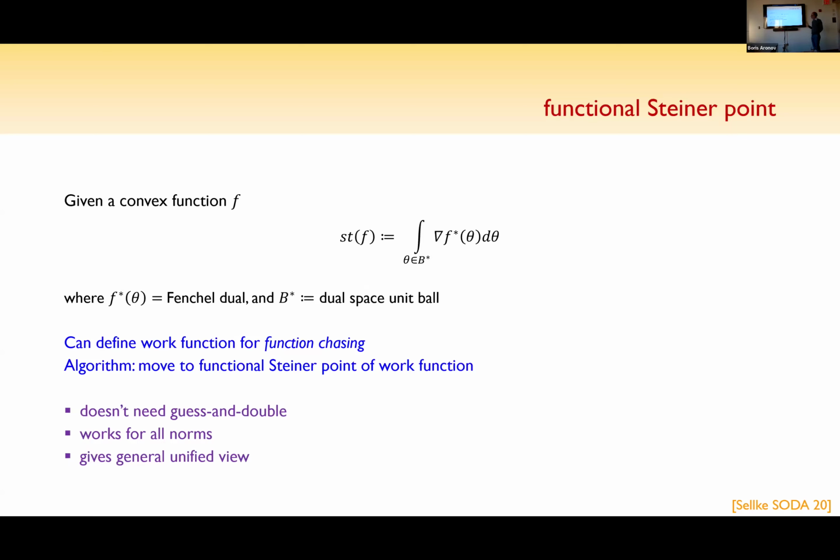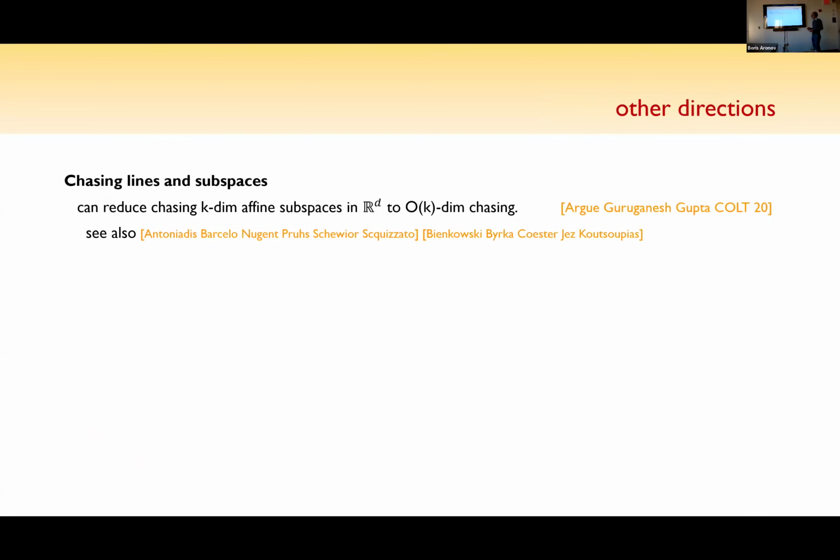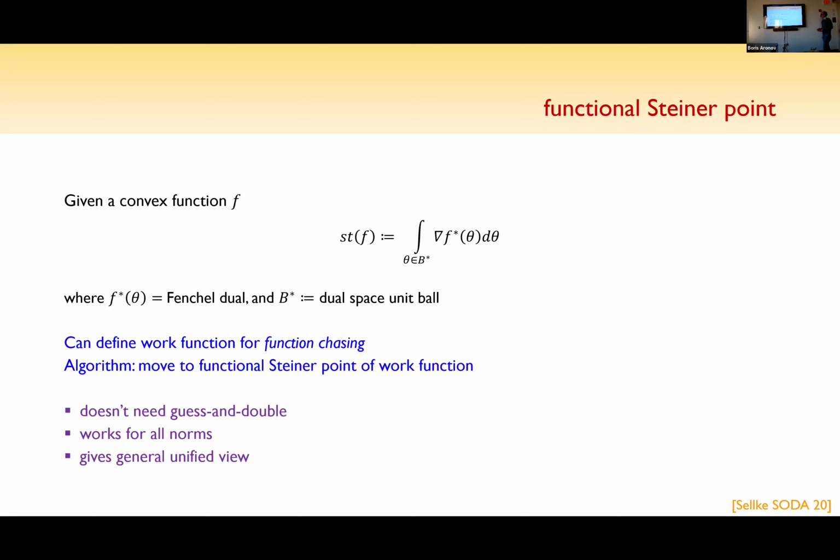So yeah, very nice paper. It's the same idea, but two very different languages. Anyways, okay. So that's pretty much it. That's the order decompetitive algorithm for chasing convex bodies and general convex bodies in these dimensions.